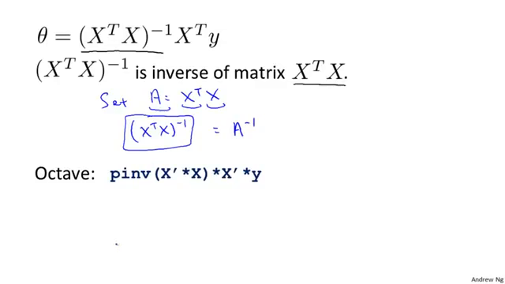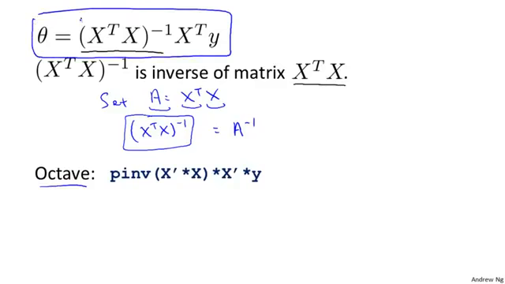We haven't yet talked about Octave. We'll do so in a later set of videos, but in the Octave programming language, or similarly in the MATLAB programming language, it is very similar. The command to compute this quantity, (X transpose X) inverse times X transpose Y, is as follows.